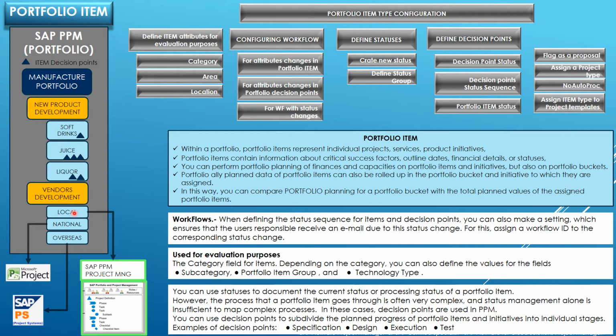Items are the elements of the portfolio that we will use to link with other project management software. In the figure, you can see that one item is linked to Microsoft Project. Another one is linked to SAP PS, and another one is linked to SAP PPM Project Management.